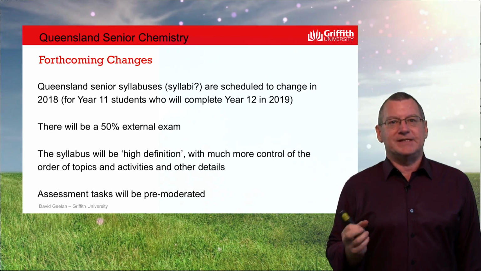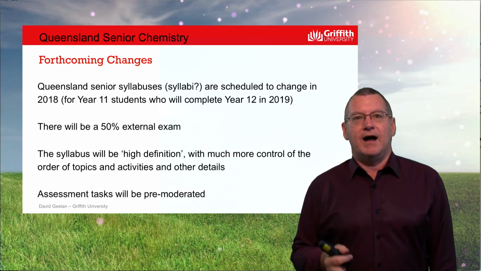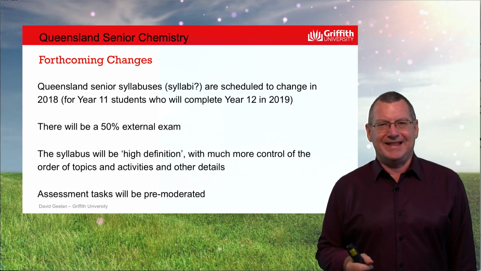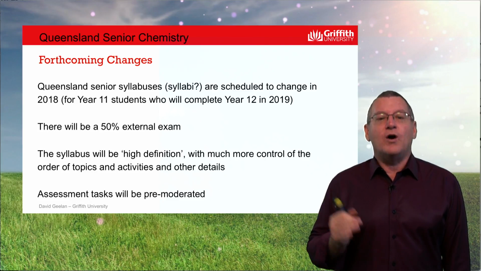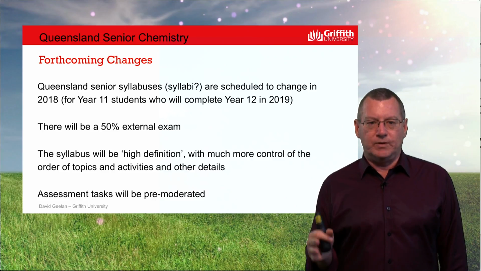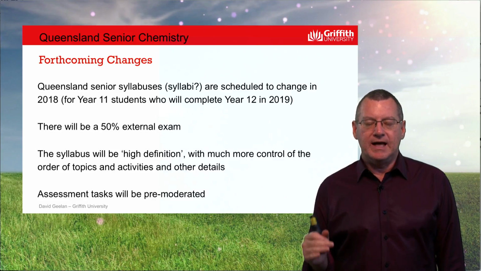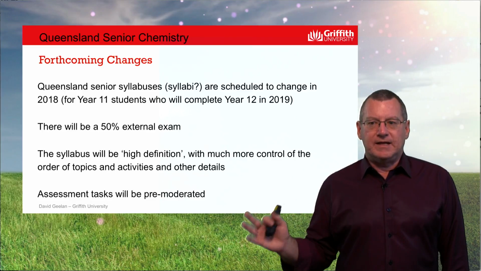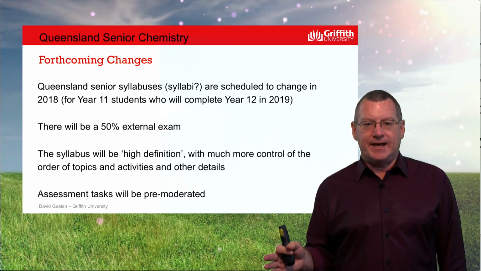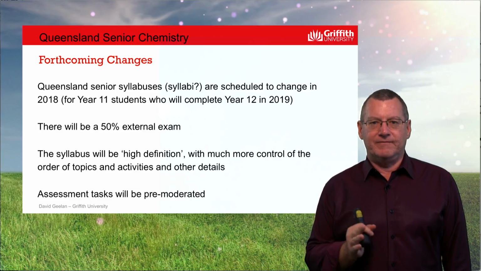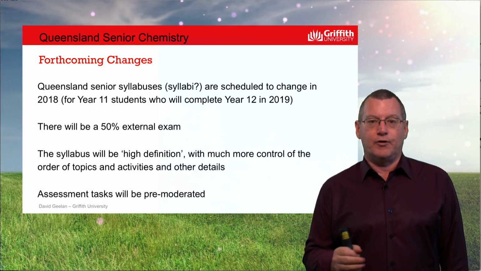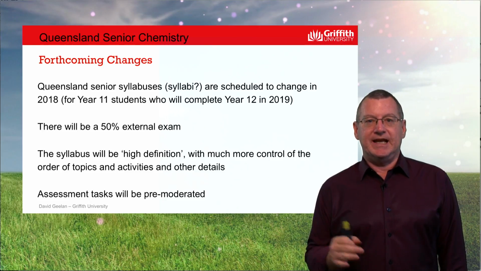Mentioned that the syllabuses are going to change for the next couple of years, and I think I've really said everything that's on this slide. The only other piece is the assessment task, and we'll talk about this more when we talk about assessment. Currently the assessments are done in the schools and then monitored at a panel at the end of year 11 and verified at the end of year 12 by a panel of peers across multiple schools, which again is quite a nice system.